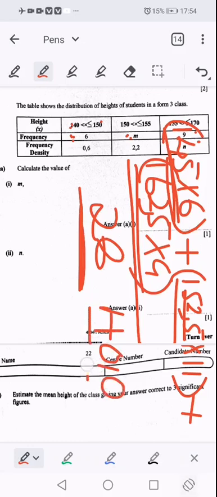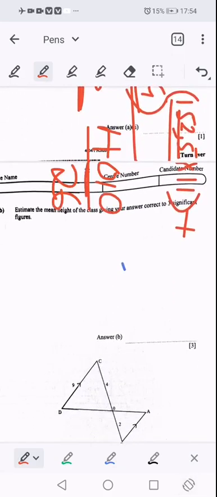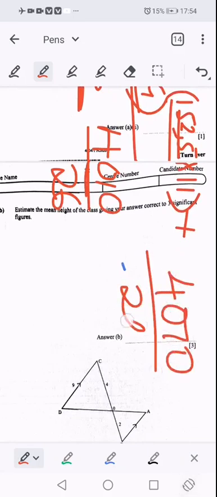Then you divide everything by 26 that you have found. If you add carefully everything you found here, and here, and here, you will see something like 4010. Then you divide everything by the total frequency, which is 26. So we have 4010 over 26. I want to reduce this bit by bit.